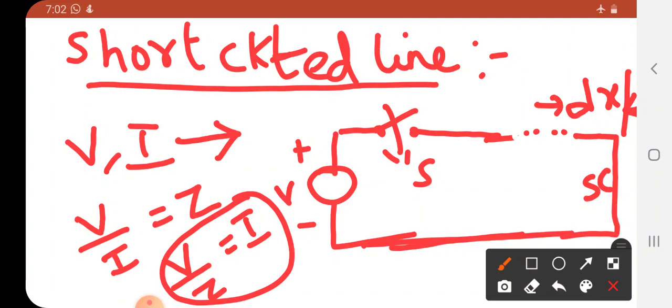But at the receiving end, what happened? The electrostatic energy is transformed into electromagnetic energy. Therefore, there is no electrostatic energy, so now we can say the electrostatic energy is vanished.